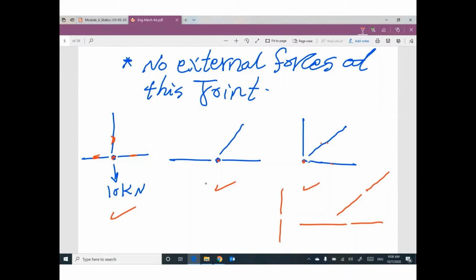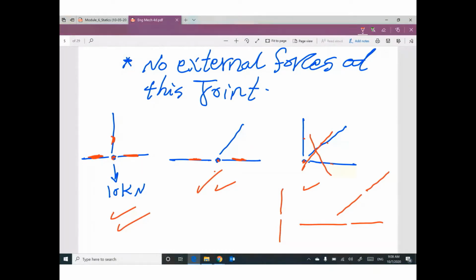No, forget this joint. Do you think we have here 2 members collinear? I believe yes. This one and this one. So this one still works. Do you think we have here 2 members collinear? I believe yes. This one and this one. That means this joint is still working.